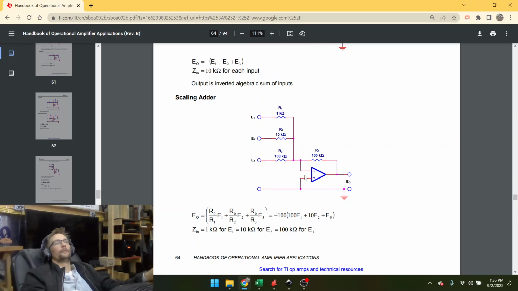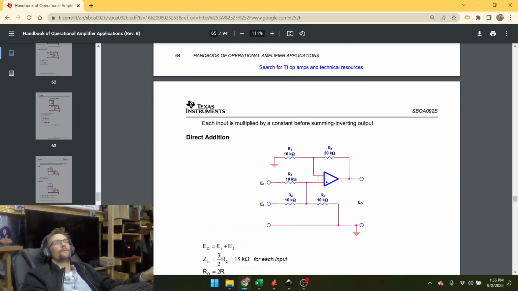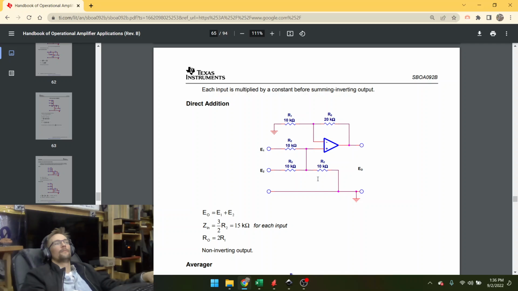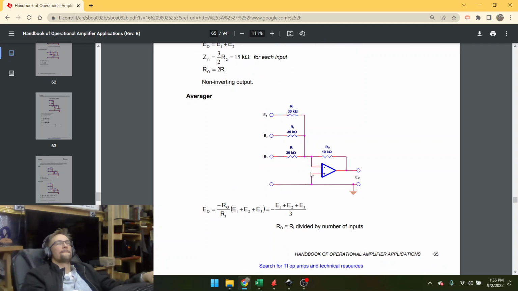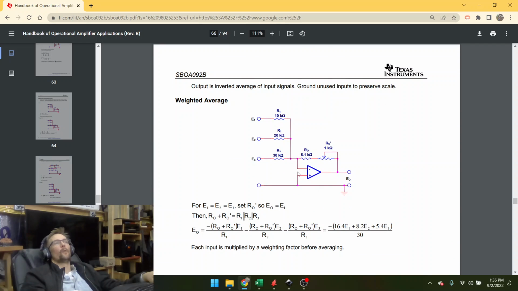Scaling adder, yeah. Direct addition. Weighted average.